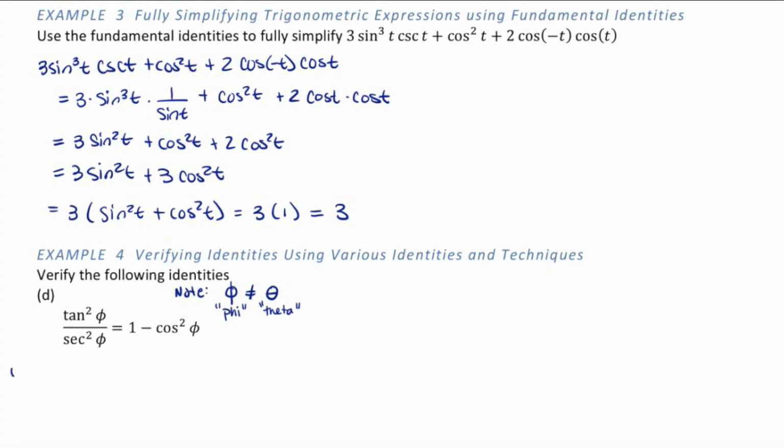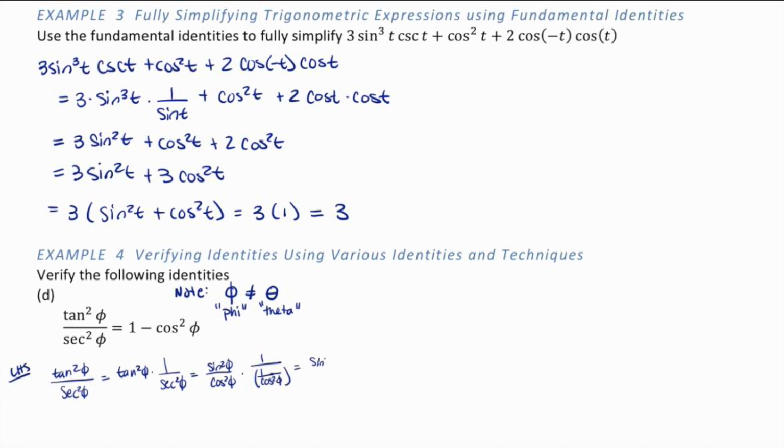So beginning with the left-hand side, we have tangent squared of phi divided by secant squared of phi equals tangent squared of phi times 1 over secant squared phi. Tangent squared can be rewritten as sine squared phi over cosine squared phi, and secant squared is 1 divided by cosine squared phi.